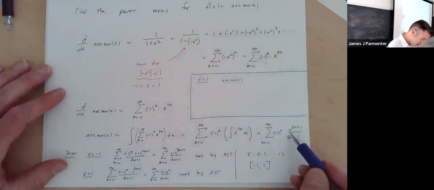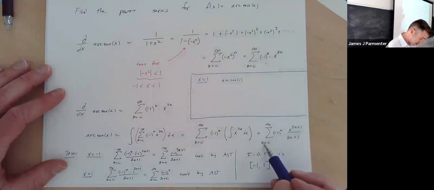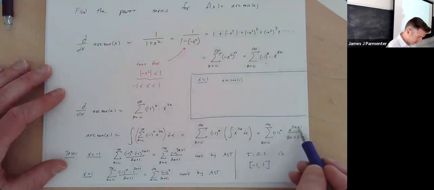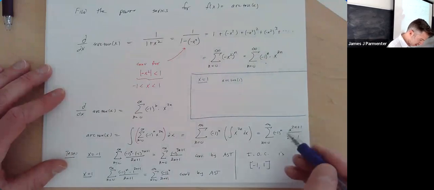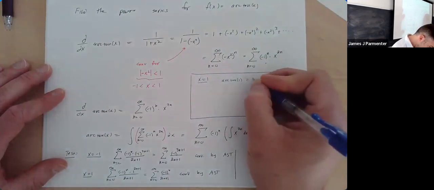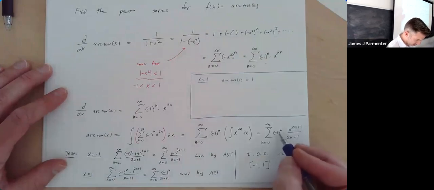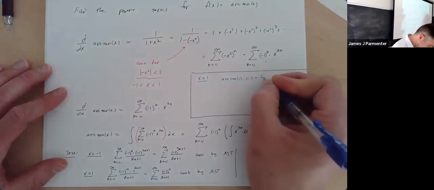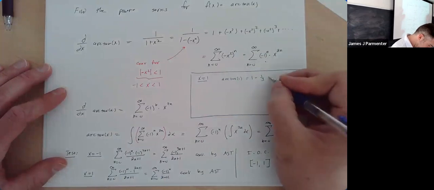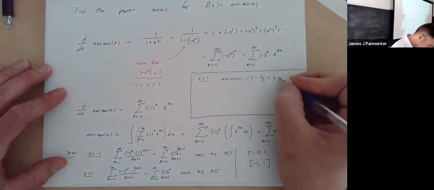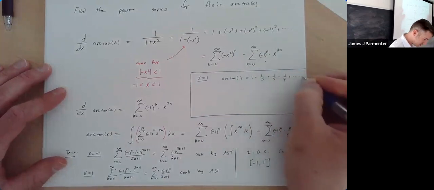So if n equals 0, I get 1 to any power is 1 over 1. So I get 1. If n equals 1, I get x cubed over 3, but it's negative. I get -1/3. And then the next term is going to be +1/5, -1/7, and so on and so on.